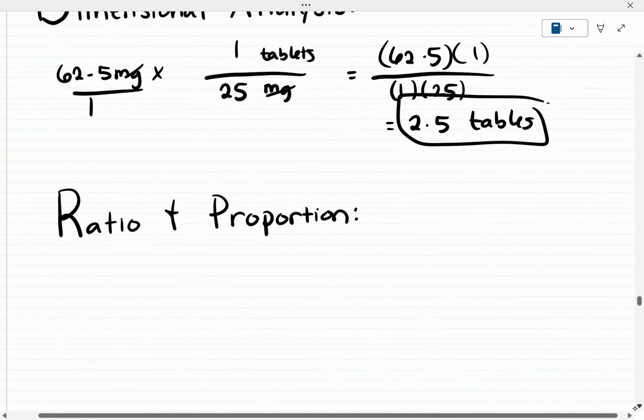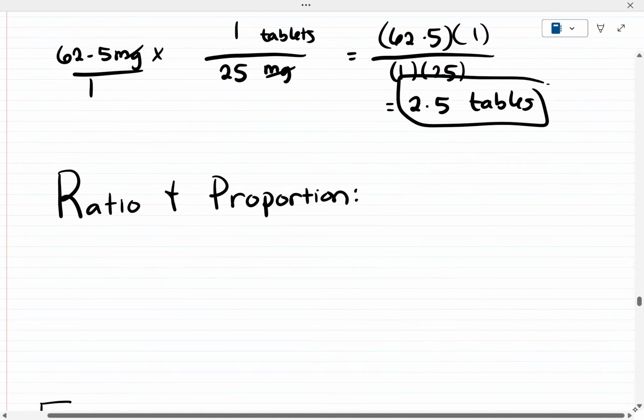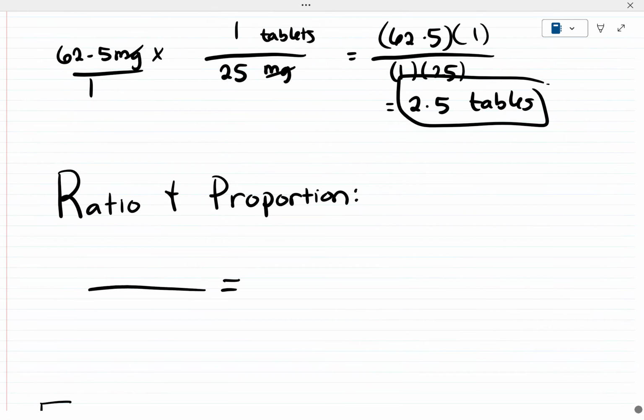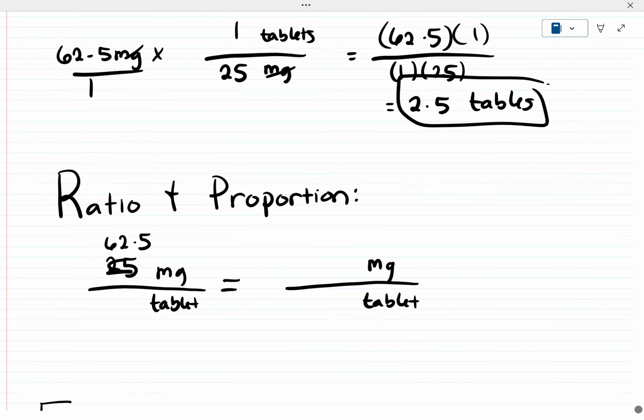Okay, let's start with ratio and proportion. There's no extra conversion because they're both in milligrams, so we can set it up like this: milligrams on the top, tablets on the bottom, milligrams on the top, tablets on the bottom. You could put 25 here or 62.5 here.